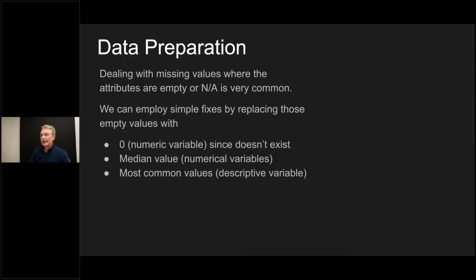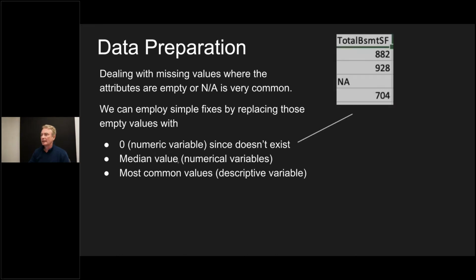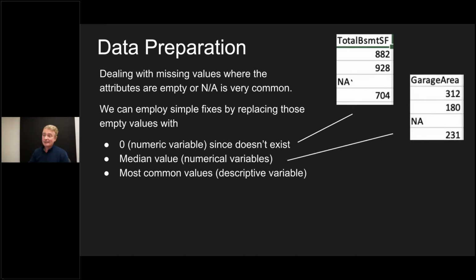So data preparation, so you're dealing with missing values when it comes to NA, 0, median value, numeric value. So we kind of covered this a bit already. So here, looking at total basement, it's got NA. So you don't know what that is, you might want to put 0 in it, because if it's NA, the actual basement size is 0, not the average. So be careful about context.